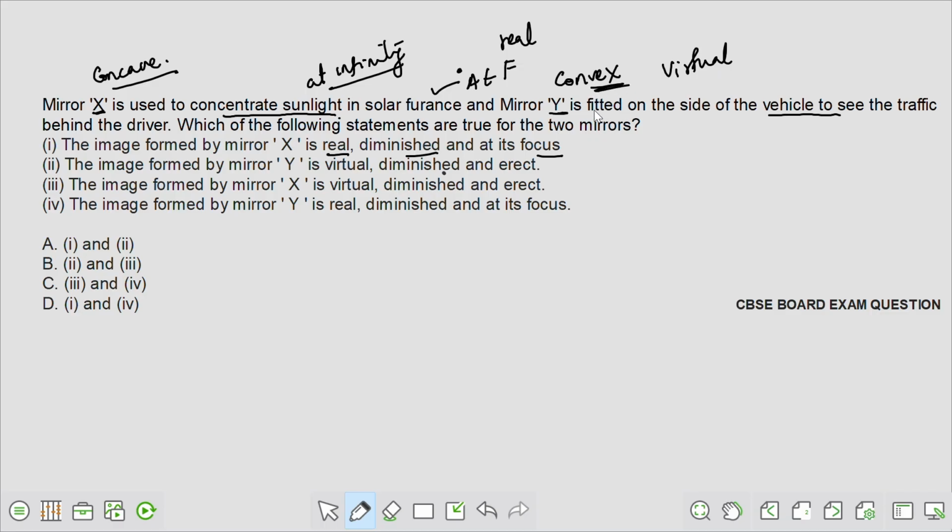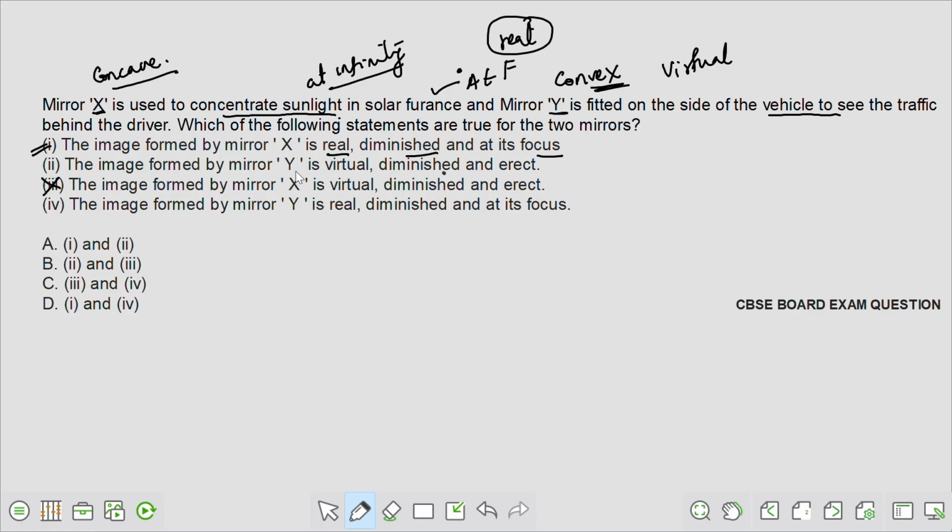Now let's try to eliminate the options. Here it says mirror X is real, so we can consider this option. Another says mirror X is virtual, so we cannot consider this option because we have already identified that mirror X forms a real image. So we are eliminating option 3.